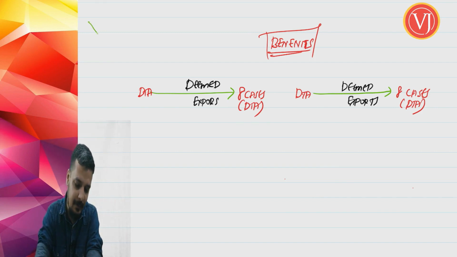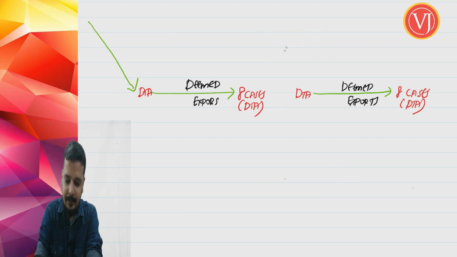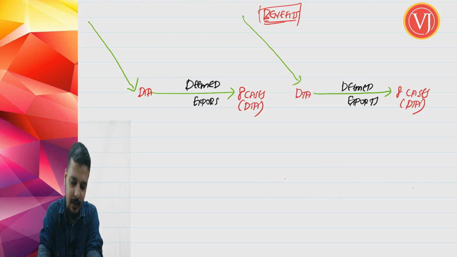Two things will happen. What if he is importing the goods? If at all he is importing the goods, again you are talking about 2 scenarios. There is import of inputs or capital goods.